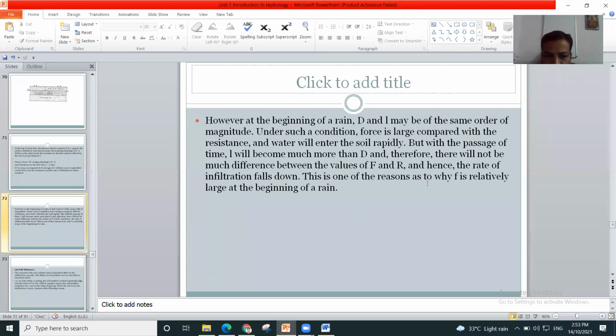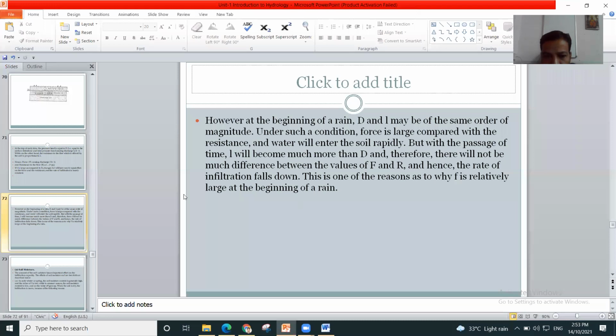With the passage of time, L will become more than D. After some time, there will not be much difference between the values of F and R, force causing discharge and resistance to flow.